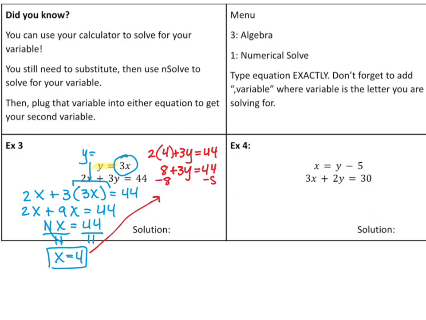Subtract 8 from both sides of my equation. 3y equals 36. Divide by 3, divide by 3. Y equals 9. So my solution would be 4, 9.